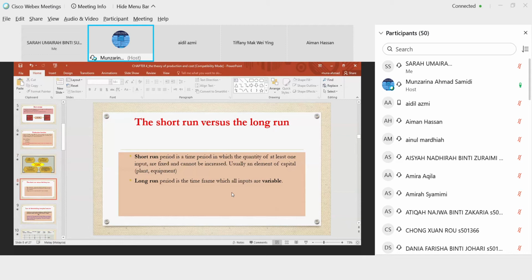In the short run, you will use at least one fixed factor. Fixed factors are factors of production that don't change when you change your output. When you produce one unit of output, you use the same amount of the factor as when you produce 100 units.